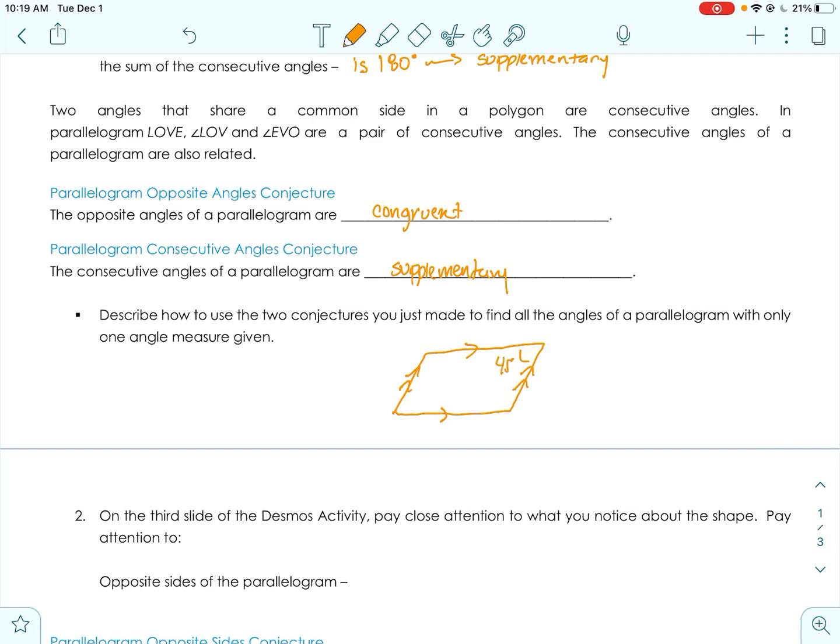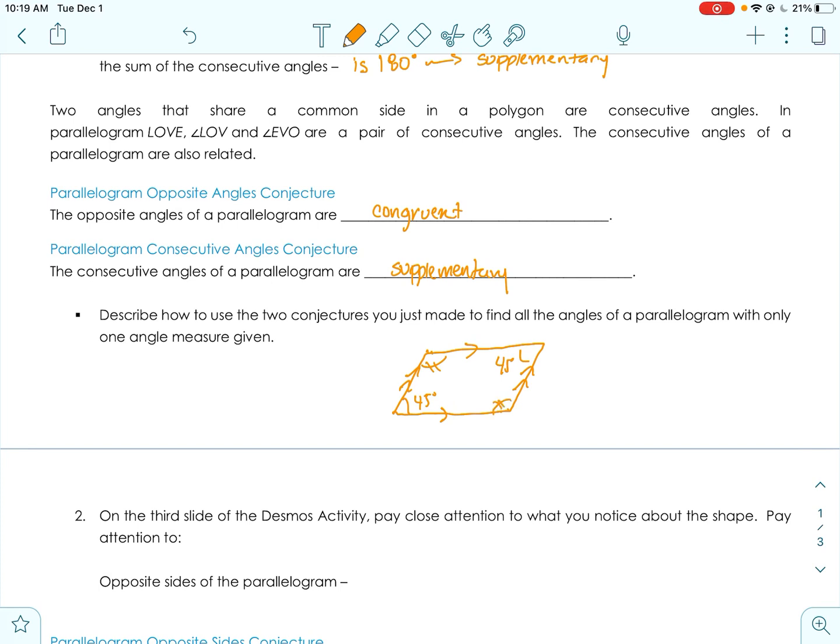If we only have one angle, how could we use these two conjectures to figure out the measures of the other three angles? First of all, we could use the opposite angles conjecture to figure out that this is 45 degrees. We have this is congruent to this because they are opposite angles.